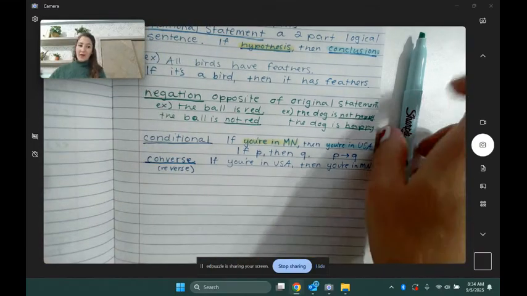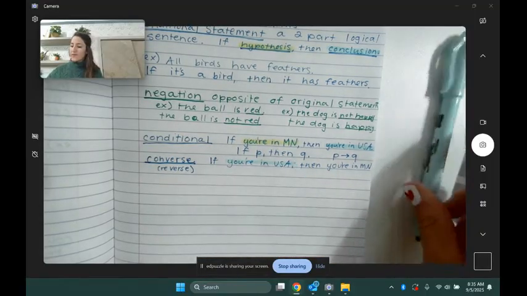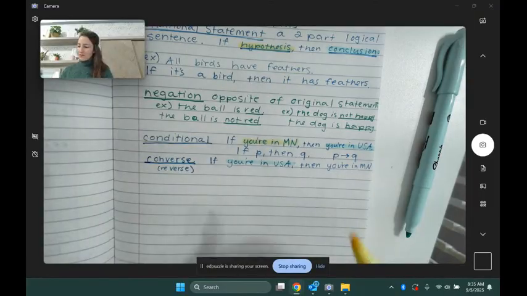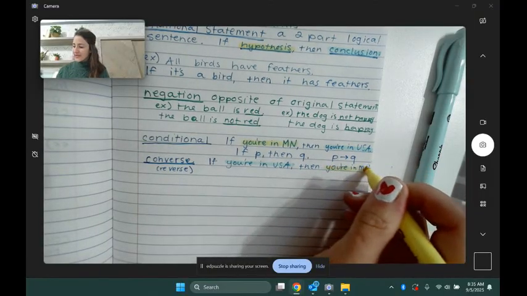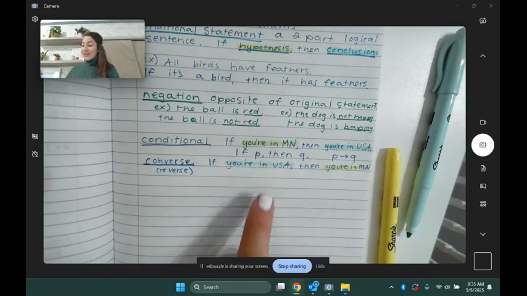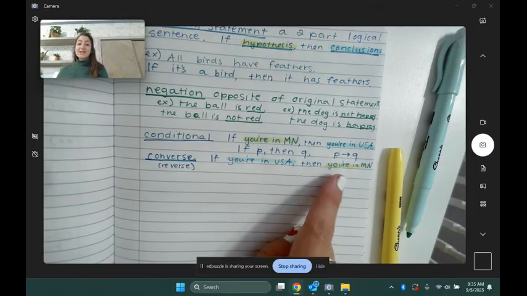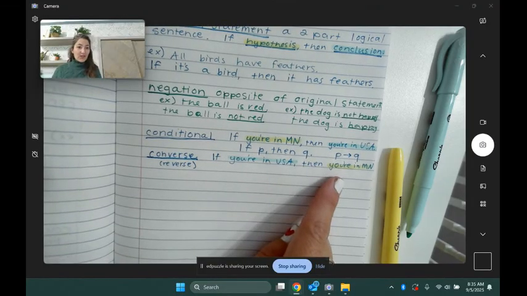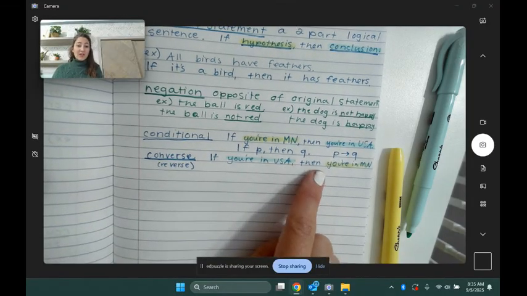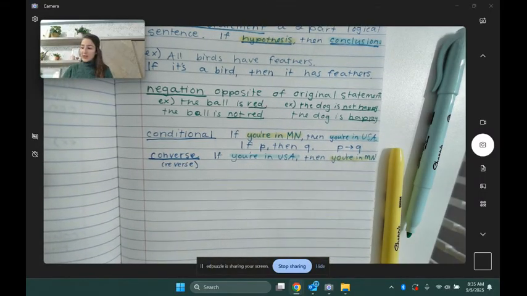Now I want you to think about that for a second. If you're in America, then you're in Minnesota. Is that true? No. If you're in America, you could be in New York, you could be in California, you could be in Colorado. It's not necessarily true that you're in Minnesota. So a converse statement to the conditional is not always true, but this is a converse.